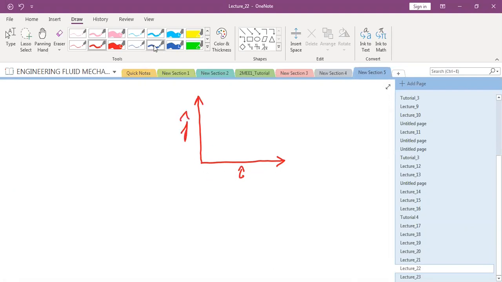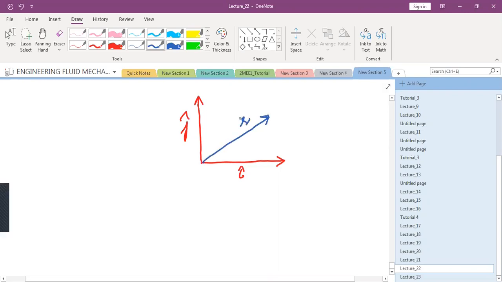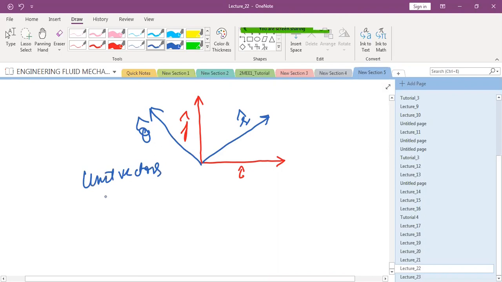Then this will be R cap, and this will be theta cap. What are these caps? These are unit vectors along the corresponding directions. So I cap is the unit vector along this direction, J cap along this direction, R cap along this direction, theta cap along this direction.